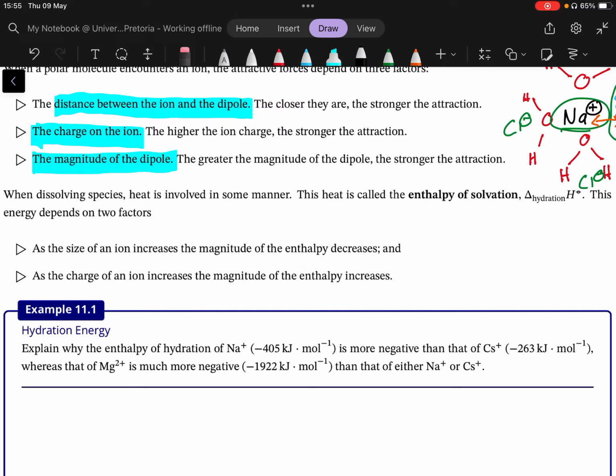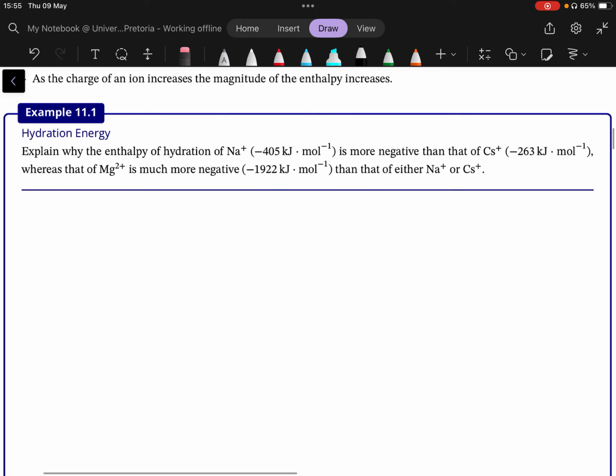The opposite is true as the charge of the ion increases: the magnitude of the enthalpy increases. Once again, if you have more magnitude in charge, more negative or more positive, the ion-dipole interaction is going to be stronger, so you'll also have an increase in enthalpy.